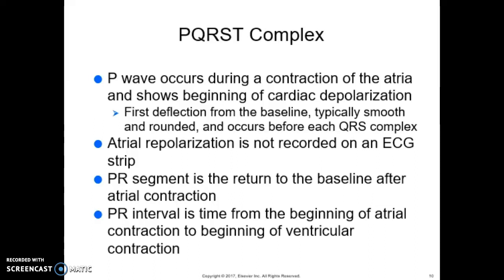The PR interval contains the P wave, the depolarization of the atria, and the spread of the electrical impulses through the AV node, bundle of His, and right and left bundle branches, and the Purkinje fibers. Sorry, Purkinje. I always say it wrong, and it's Purkinje fibers. You got me again. Did you catch that?